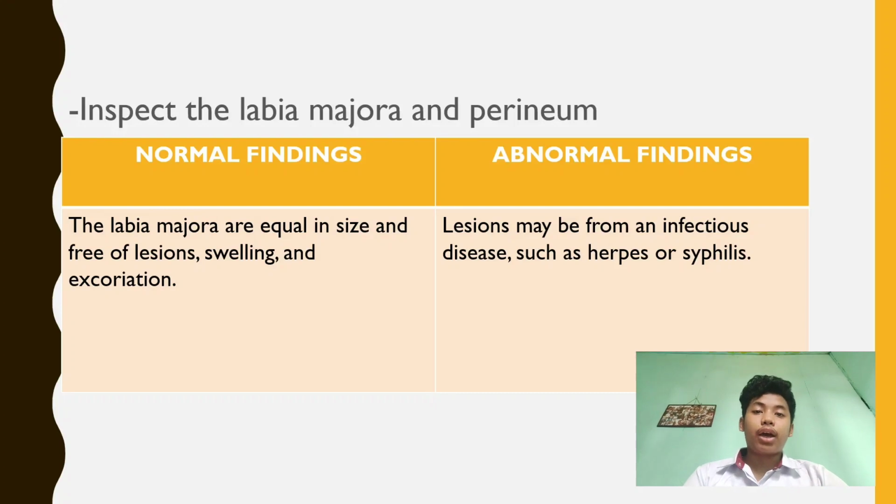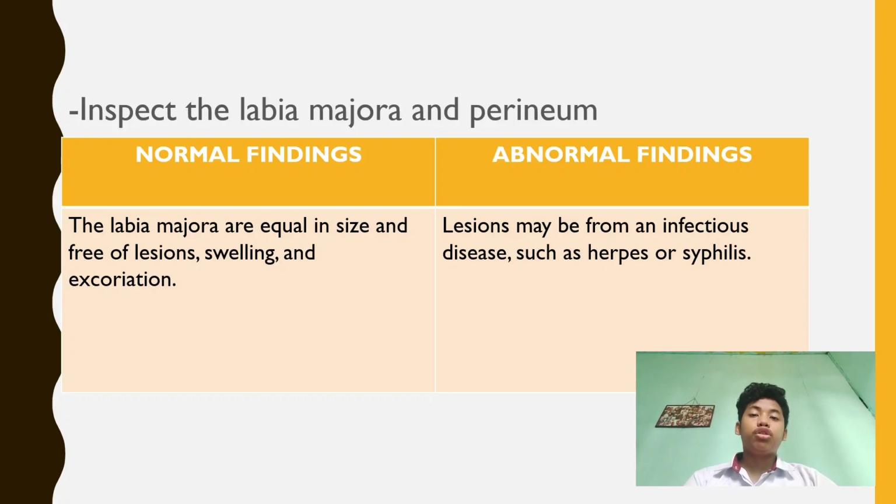Inspect the labia majora and the perineum. Observe the labia majora and perineum for lesions, swelling, and excoriation. For the normal findings, the labia majora are equal in size and free of lesions, swelling, and excoriation. A healed tear or episiotomy scar may be visible on the perineum if the client has given birth.